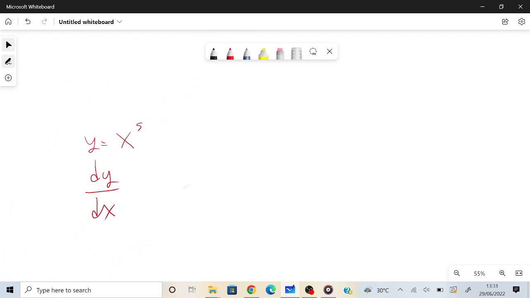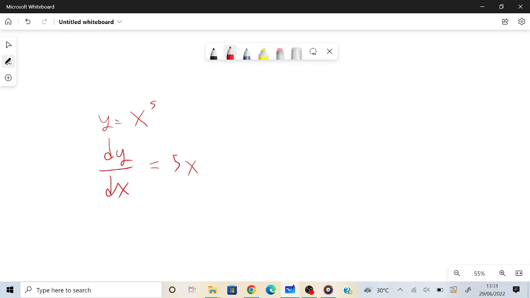So my dy dx here would now be 5x to the power of 4. Now, why 5? Because my 5 simply came to the front and multiplied by x, and since there is no other coefficient in front of x, that simply means 1, and 5 times 1 is still 5. So that's why I have the 5 here, and x to the power of 4, because the rule says the power is n minus 1, and my original power was 5, so I subtracted 1 from it, and that gave me the 4.